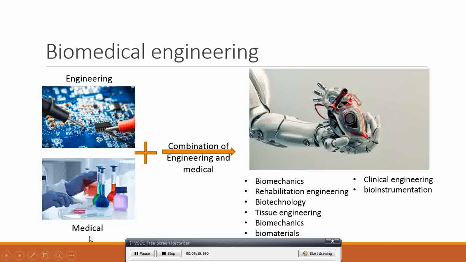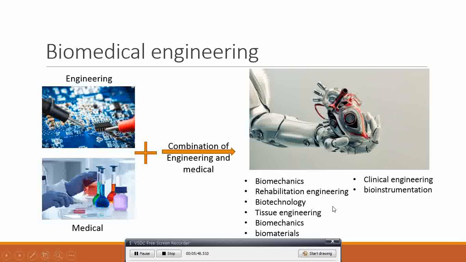Basically it has to do with medical as the field combined with engineering. And when you combine this, these are a few areas that were selected in this subject, so that we expose you to this field.